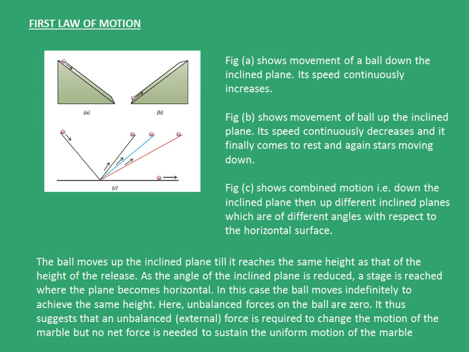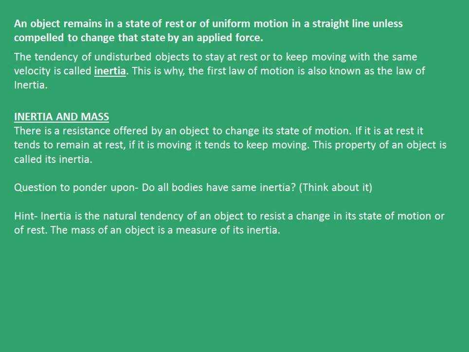Now as we make the second inclined plane horizontal, the ball moves indefinitely to reach the same height. In this case, unbalanced forces on the ball are zero. Hence, it suggests that an unbalanced force is required to change the motion of the marble, but no net force is needed to sustain the uniform motion of the marble. Having understood that, let's see the first law of motion.